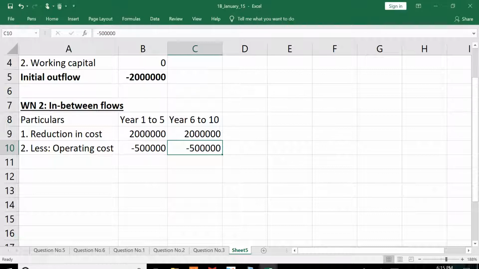And we write only 1 year cash flow. I am not going to multiply by 5, because this is the amount for every year. So we write reduction in cost 20 lakhs, less operating cost 5 lakhs and 5 lakhs.